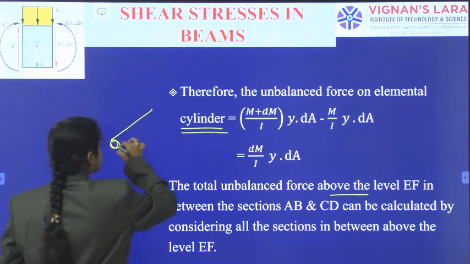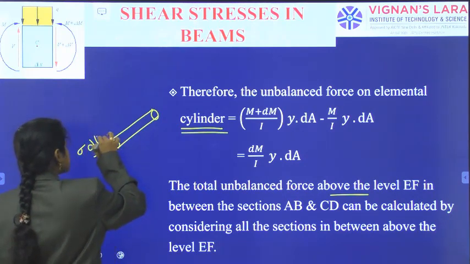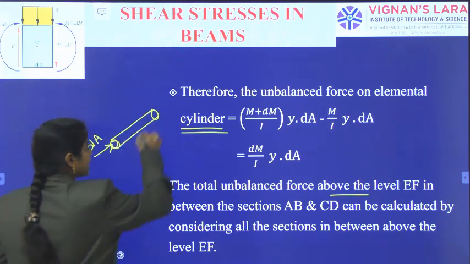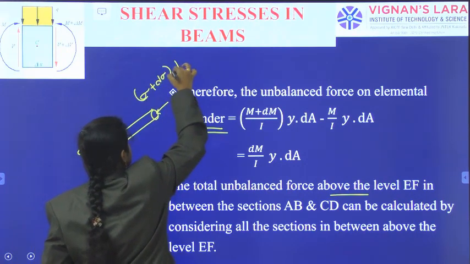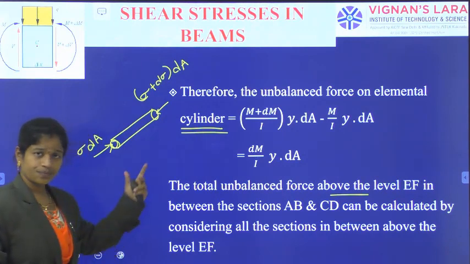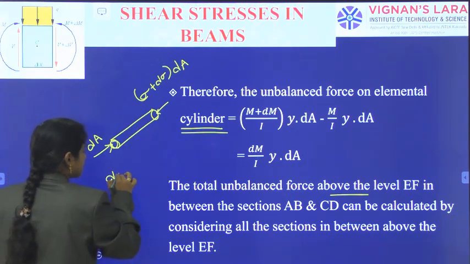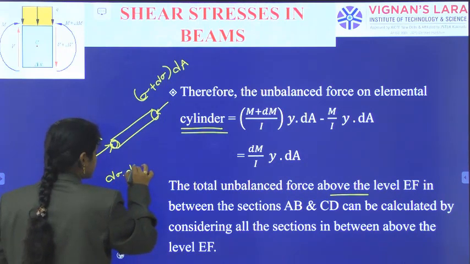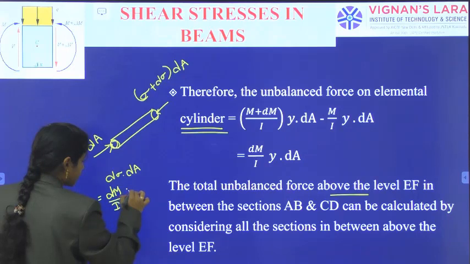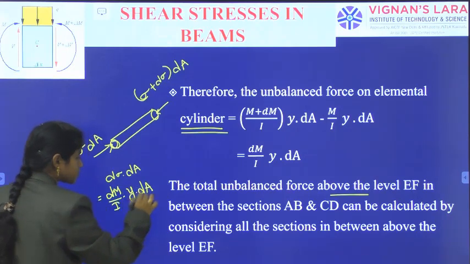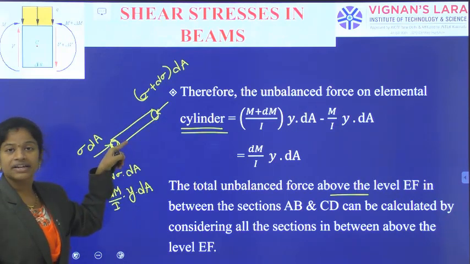On that elemental cylinder, from one side I am applying sigma times dA as one force, and on the other side it has sigma plus d sigma times dA as the other force. So the net or unbalanced force is d sigma times dA, which equals dM by I into y into dA. This is the net unbalanced force acting on the elemental cylinder.